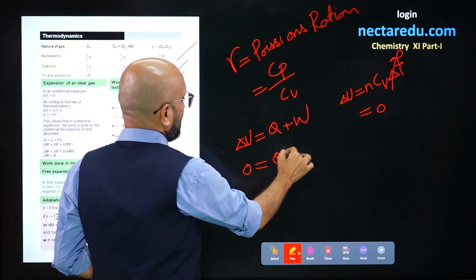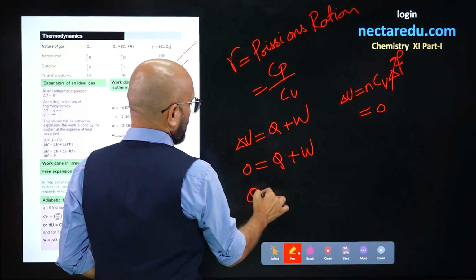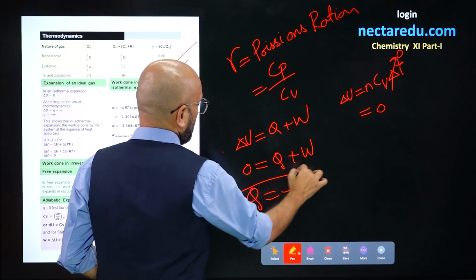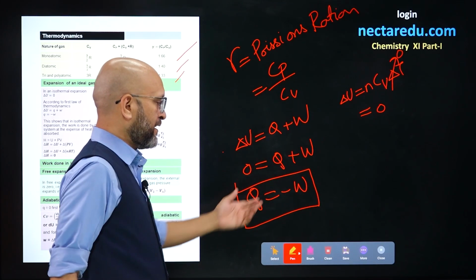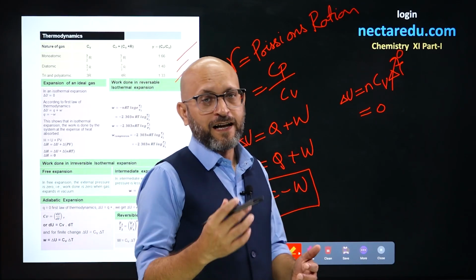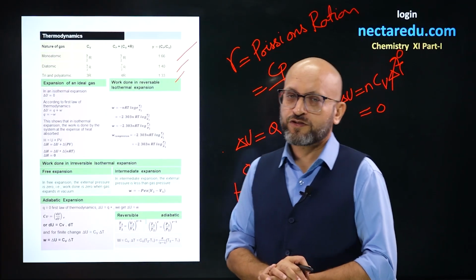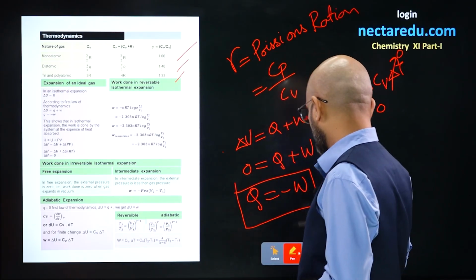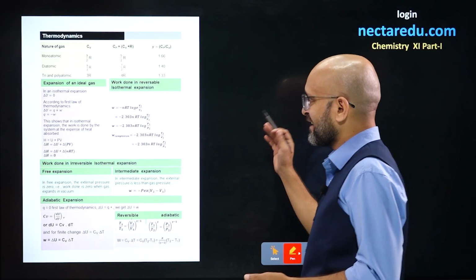So what will be the relation between Q and W? Q comes out to be minus W. Alright. So the signs we can use for calculation purposes. Q equals minus W. From here you get the exact relation.